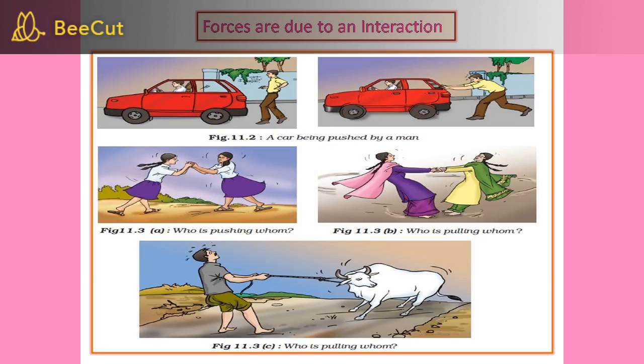So, we can see that the man has applied force to make the car move. Here, you can see that the two girls appear to push each other, while the other pair of girls are trying to pull each other. Similarly, here the cow and the man appear to pull each other. From these examples, we can conclude that at least two objects must interact for a force.